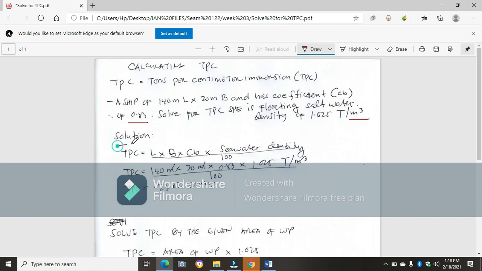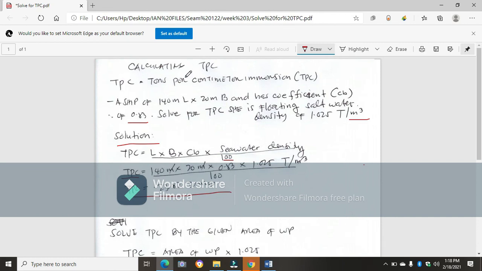So solution. The formula is TPC equals length times breadth times the block coefficient times seawater density divided by 100. So TPC equals 140 meters times 20 meters times 0.83 times 1.025 tons per cubic meter divided by 100, and the answer is 23.82 tons.